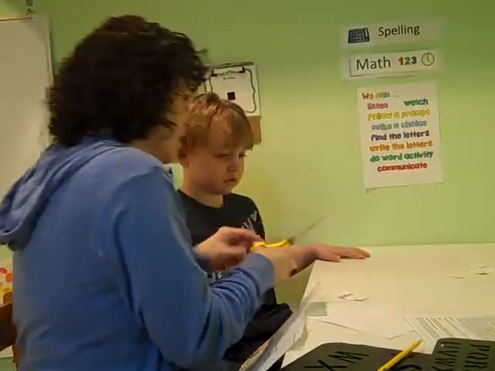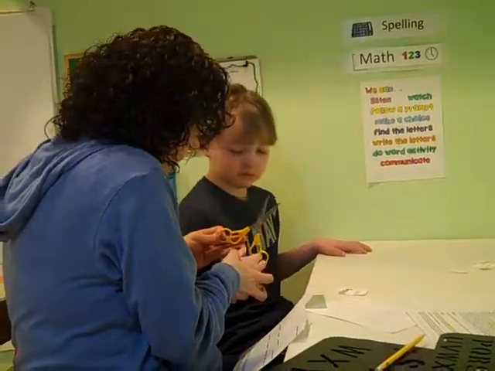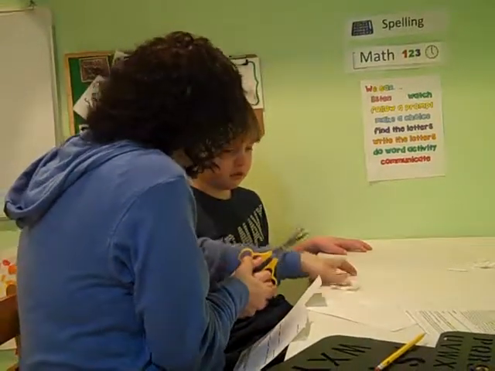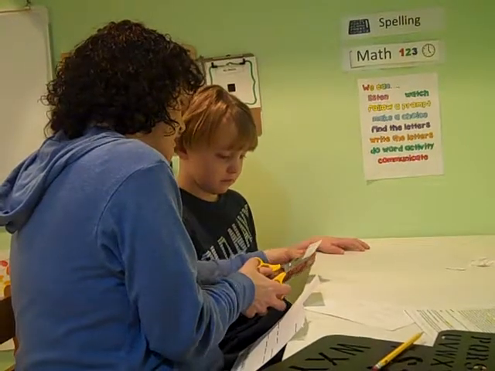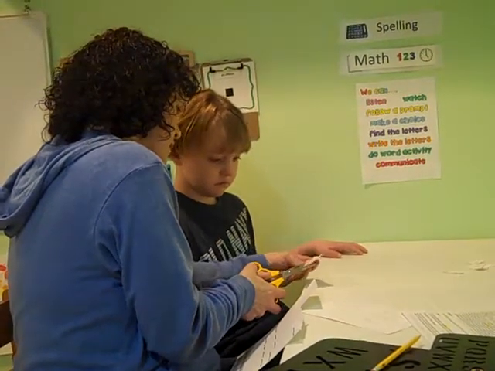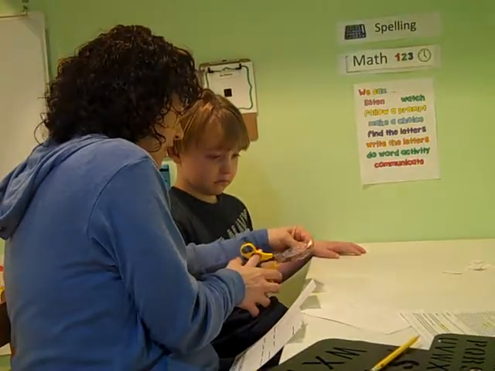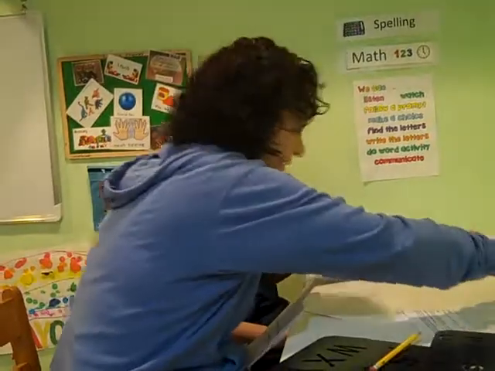I'll do one word. And then you cut the other one. Exercise can be hard. It can challenge our bodies. That's okay. We want to challenge our bodies, okay? Good job. You did it. Woohoo.